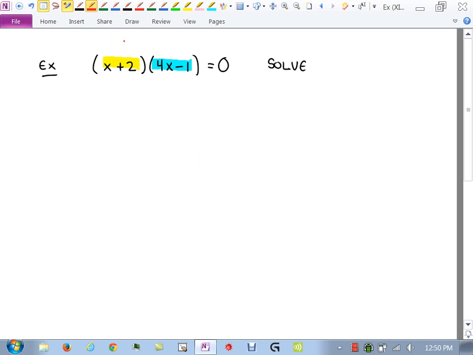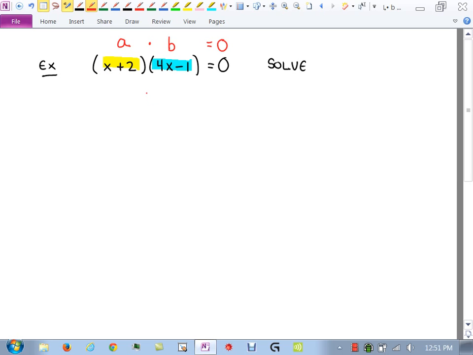So if you look at it in the zero factor property, it's like there's an a times a b equals 0, right? So all I have to do is figure out what would make a 0 and what would make b 0. So from this, all I have to do is create two little problems from it, because I have two factors, don't I? The a and the b.